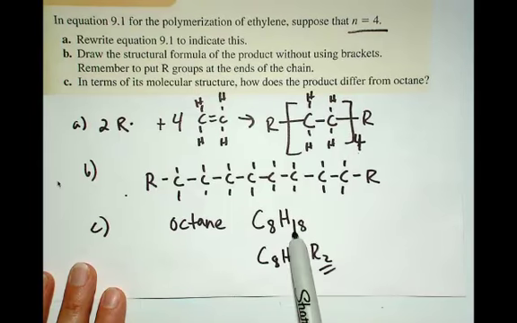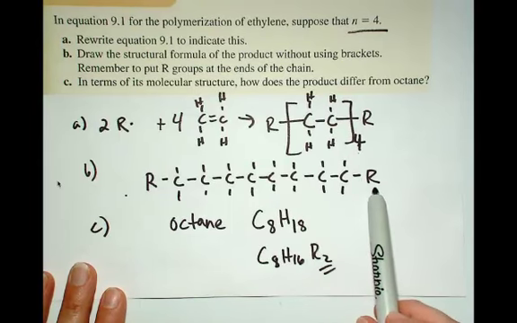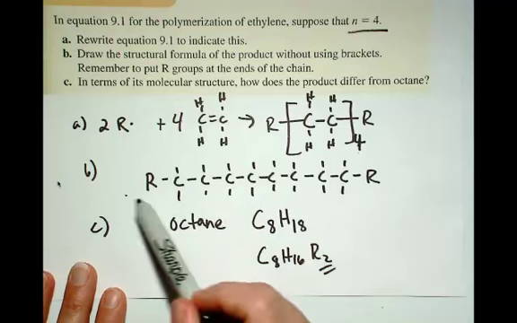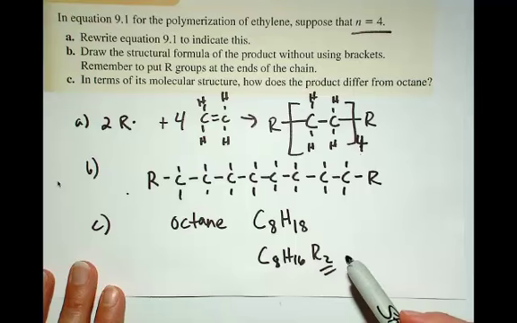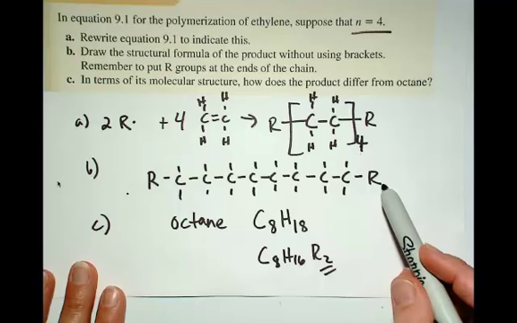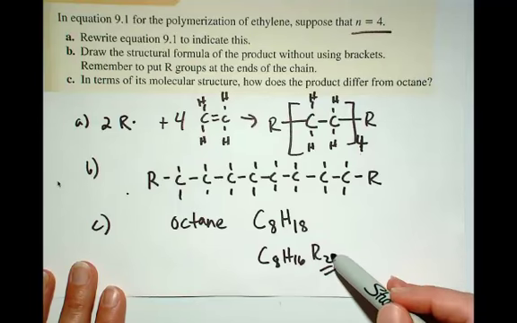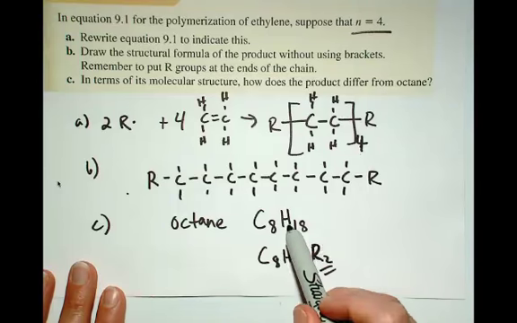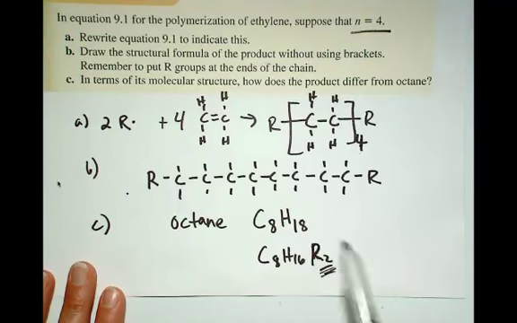And so instead of having 2 hydrogens on the end, those hydrogens are substituted out in this case for R, and R is some small molecule, and there's various types, but sometimes there's small hydrocarbons with a free radical nitrogen or oxygen on them. So, I don't know what exactly R is. There's lots of different initiators depending on what you're doing, but the bottom line is it's different than octane because it has the R's instead of just H's.